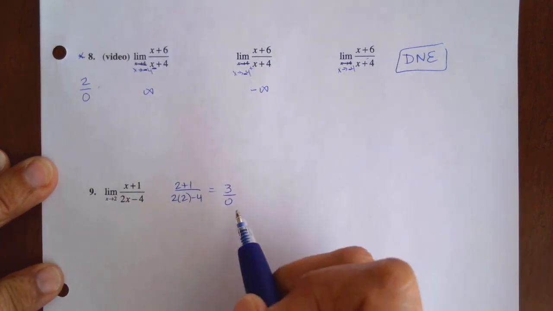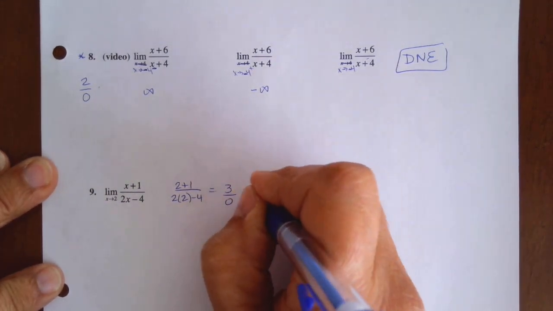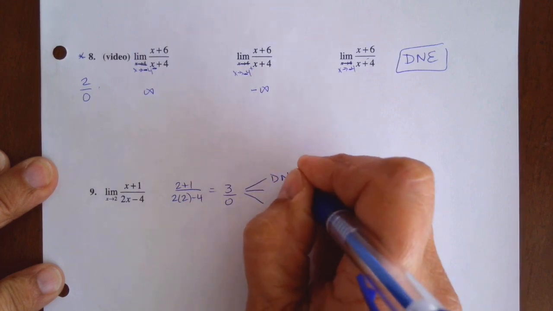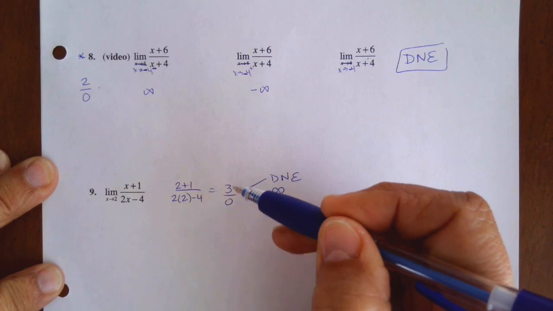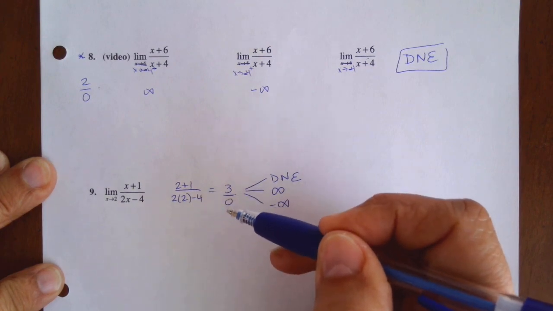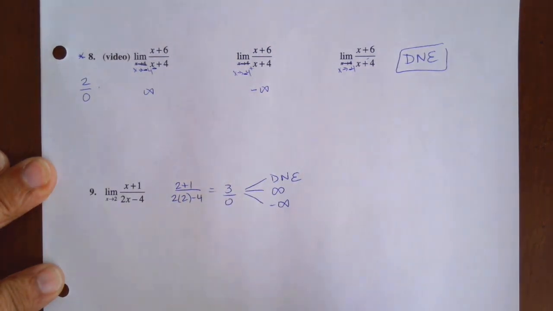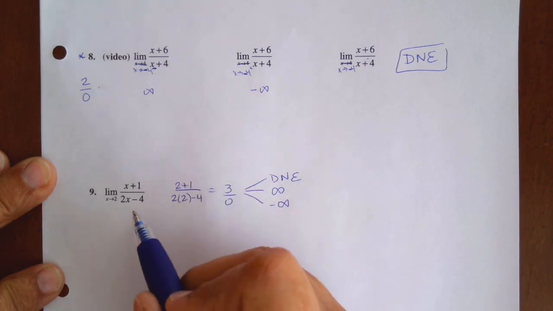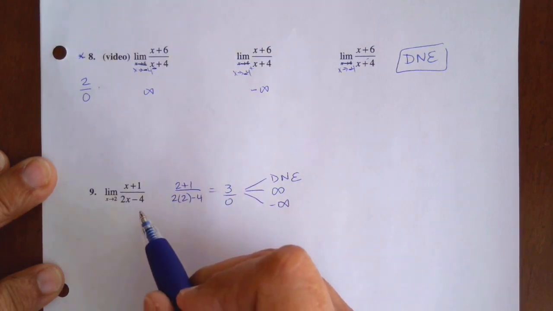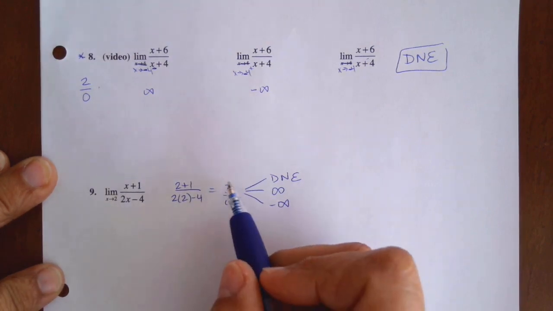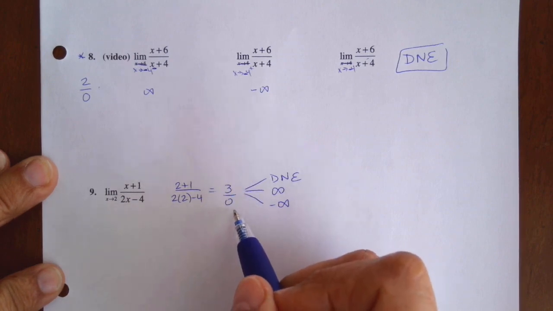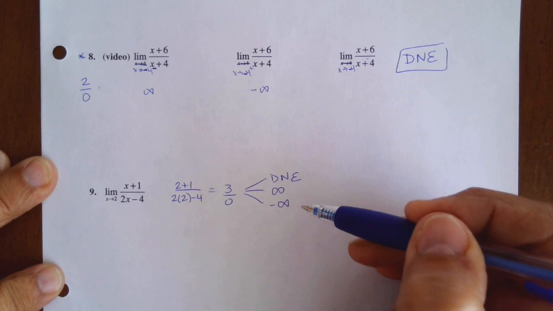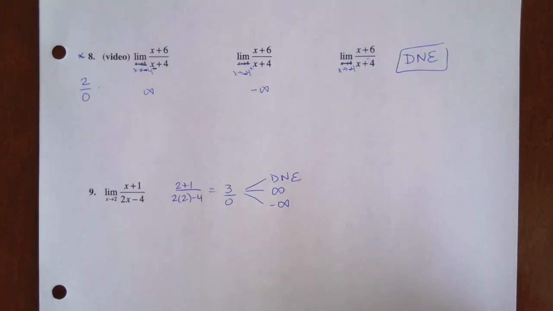So what that tells me is I know that my answer's got to be D and E, infinity or negative infinity. Remember, if I got 0 over 0, that means I'm going to get a numerical answer. That means I could factor or do something. Some of you might look at this and say, oh, well, I can factor the bottom. Well, I don't need to do that if I know that that's not a problem that is factorable. Okay. So these are my choices for my answers here.